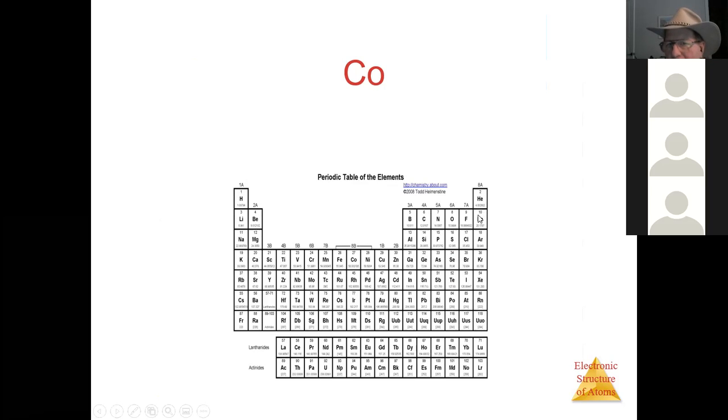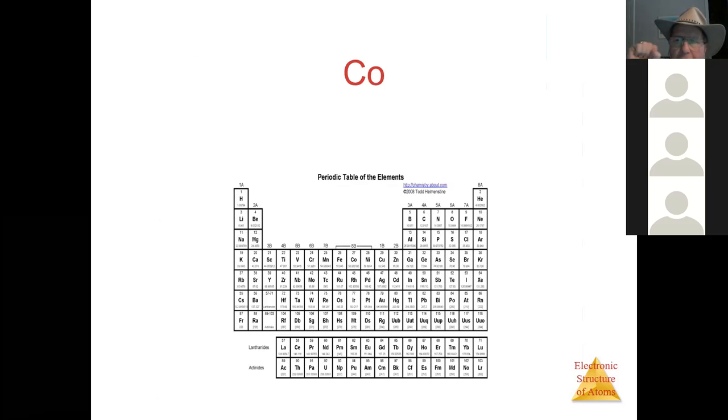I go to the next level down, which is going to be 3s. I can put 2 there. 12 gone. I go over to my 3p. 6 in there. That means 18 are gone. Now I come to my first anomaly.